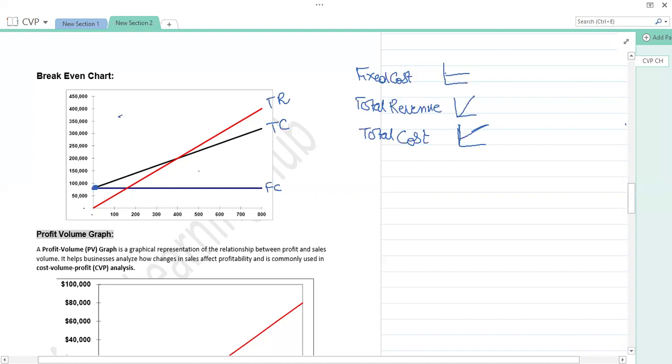Now the point where the total cost and revenue intersect each other is called your break-even point. So your break-even point in terms of units is 400. If I read the graph, break-even in units is 400 and break-even in revenue is 200,000.